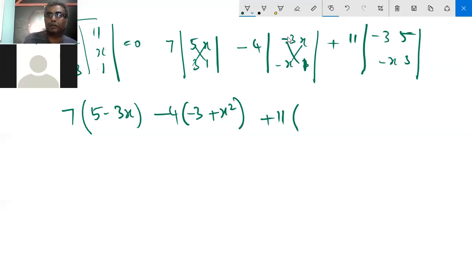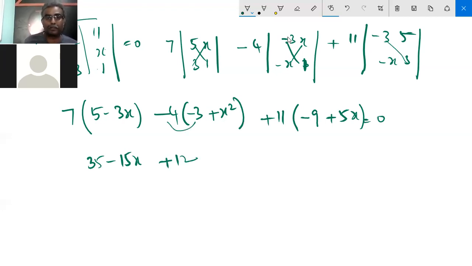Plus 11 into minus 3 into minus 3 minus 9, and minus 5x, minus of minus 5, is equal to plus 5x. So solve that, equal to 0. So that means 35 minus 15x plus 12 minus 3 into minus 4 plus x squared plus minus 99 plus 55x equal to 0.